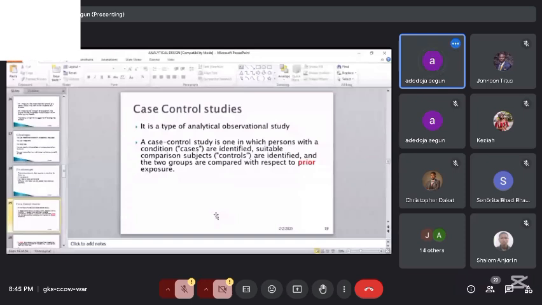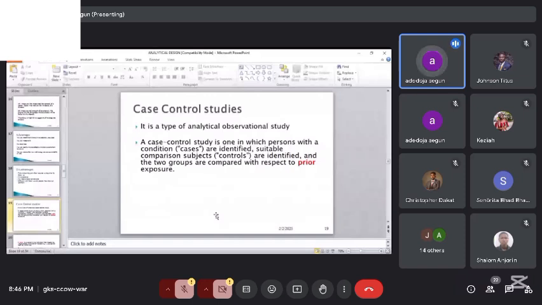So if we want to do a study, we gather participants, we group them, we monitor them or not. If that disease is rare, we may even spend 2 years or more without having a case.